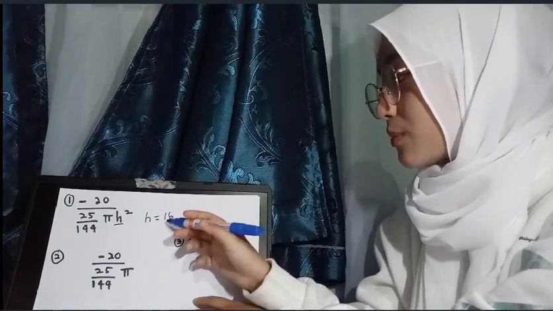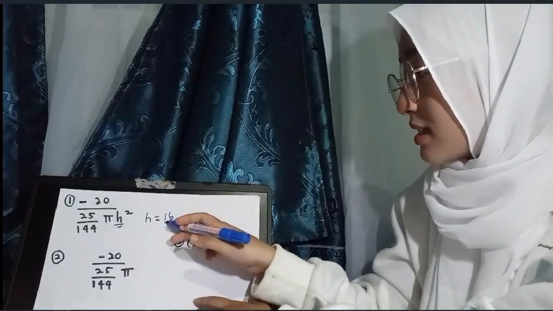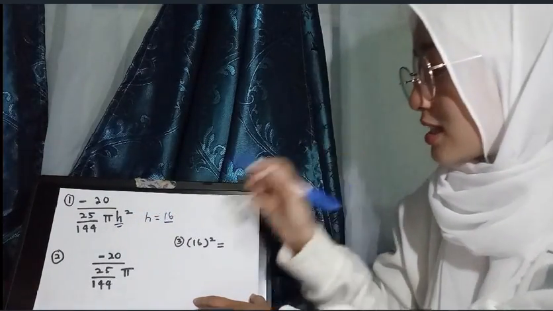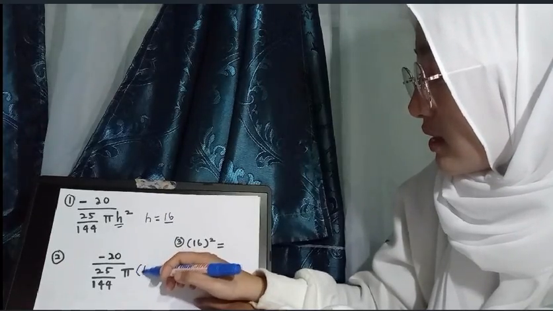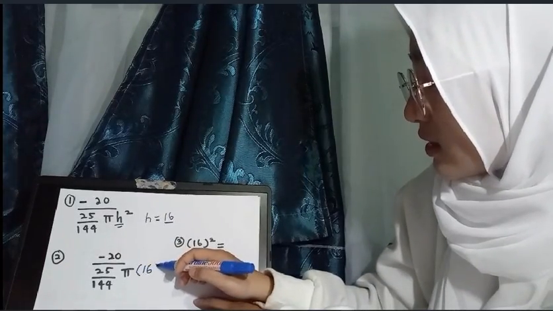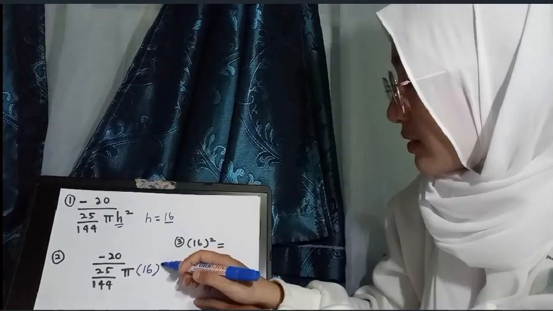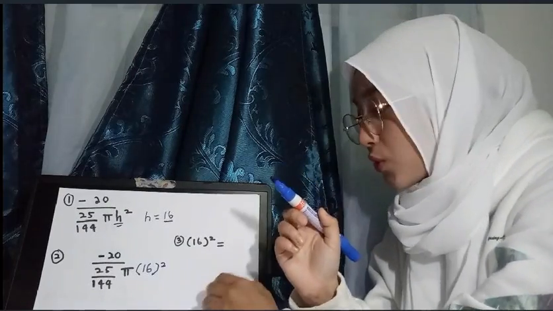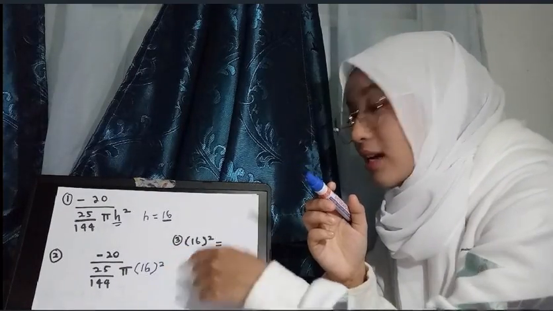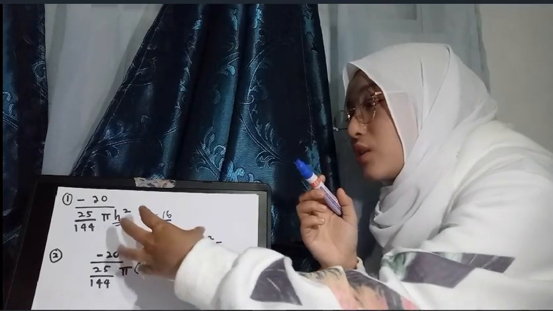So we replace this h with 16. So it becomes like this. Don't forget the power of 2. Yeah, like this. So we can calculate now because we already have all the information.